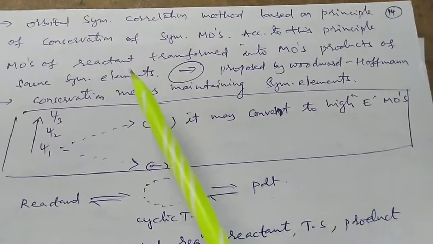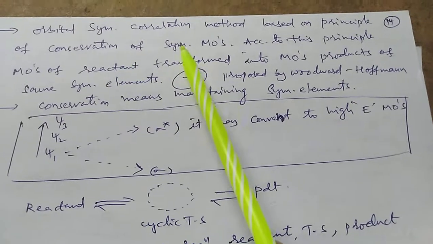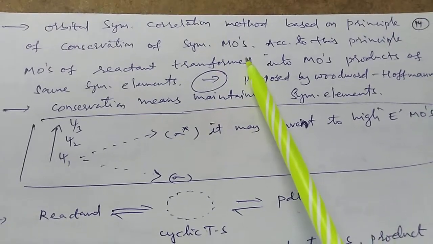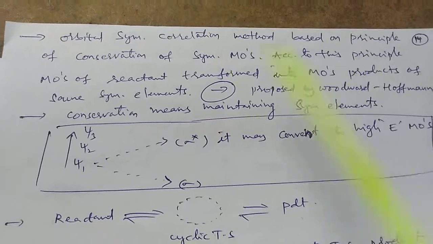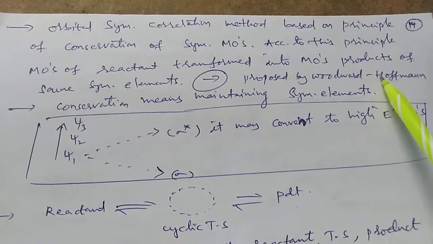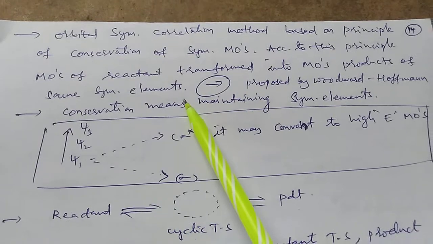The first point of this method: the orbital symmetry correlation method is based on the principle of conservation of symmetric molecular orbitals. According to this principle, molecular orbitals of reactants are transformed into molecular orbitals of products of the same symmetry elements.